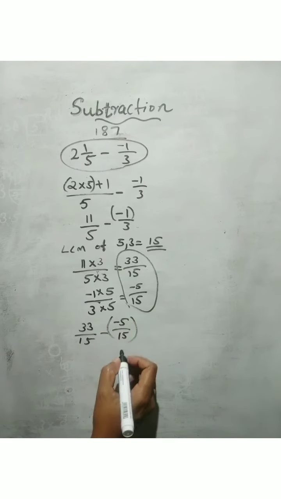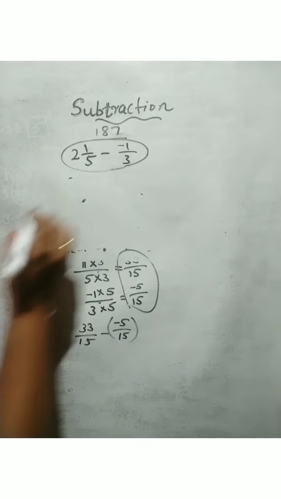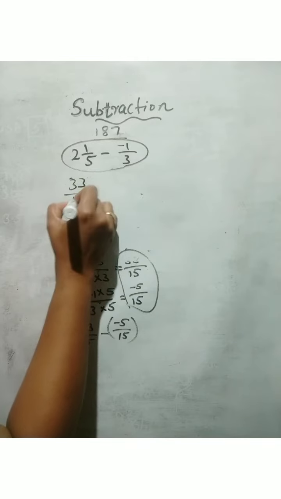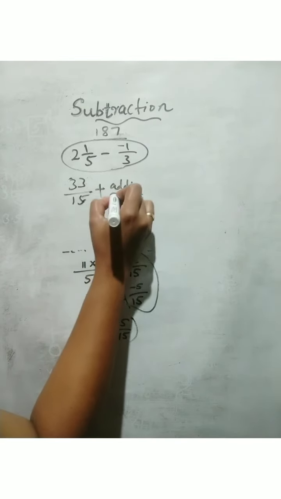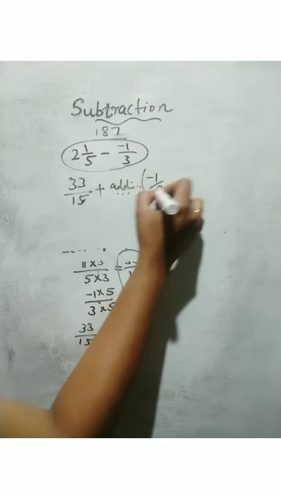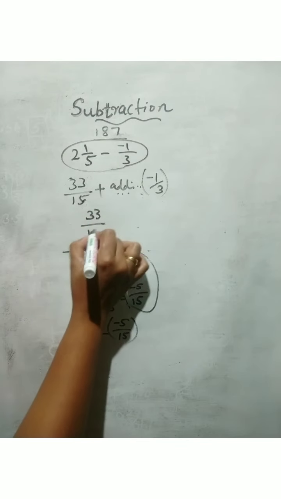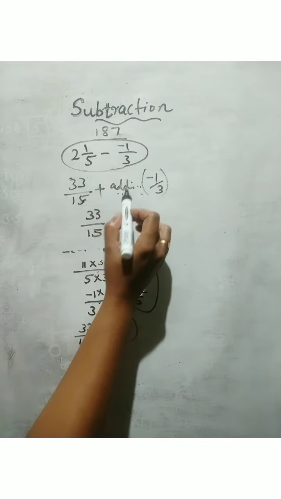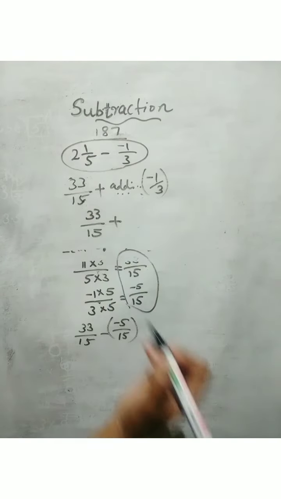How can we do this? 33 on 15 plus the additive inverse of negative 1 on 3. Additive inverse of negative 1 on 3 will be positive 1 on 3.